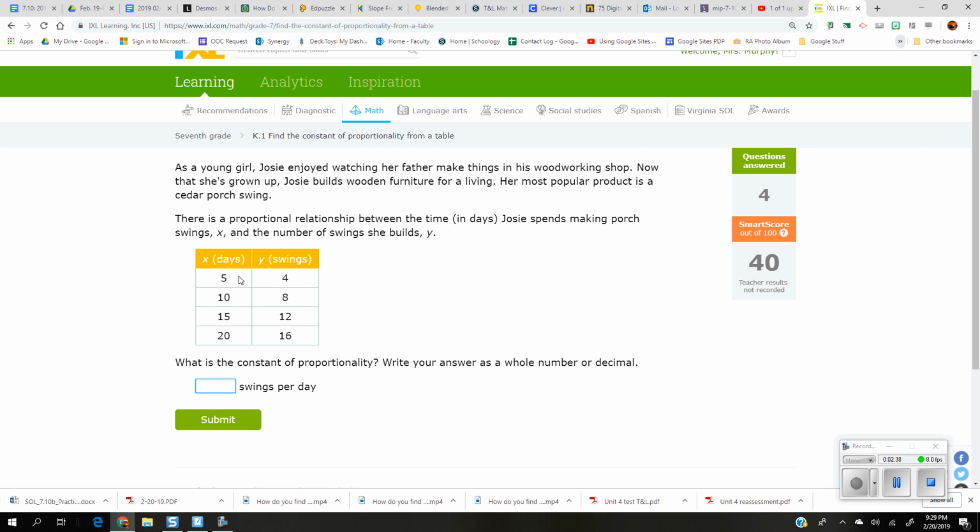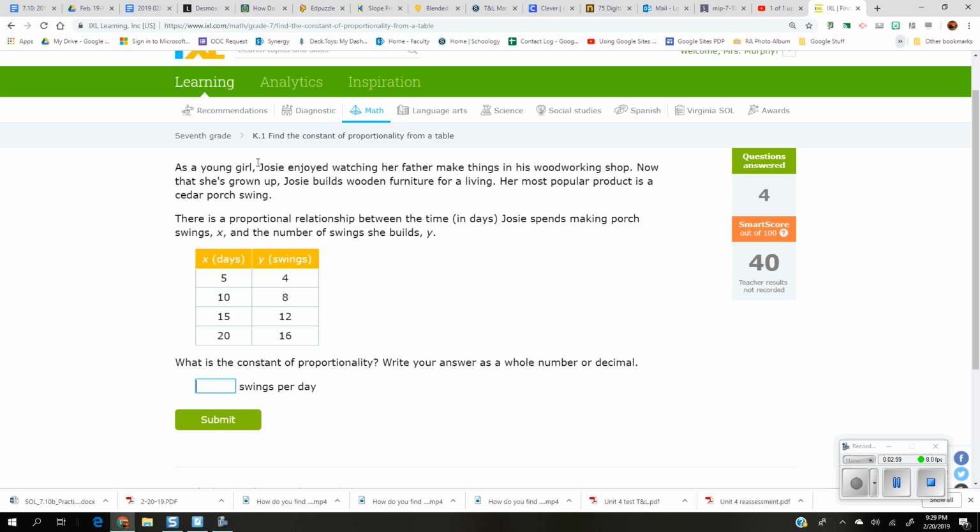Ooh, how did we go here? So what did we do here? We can't do 5 times something is 4, can we? So remember, you always want to make sure that you do it out of 1. When you do it out of 1 and you find the proportion of 1, then it makes it easier.